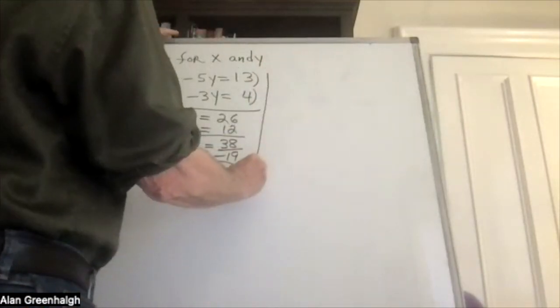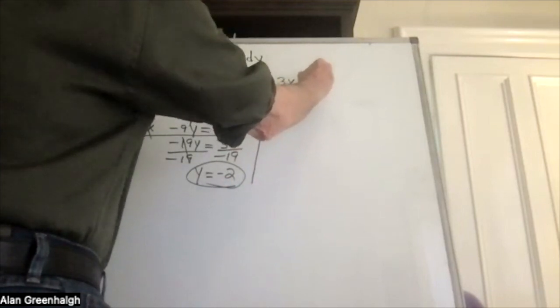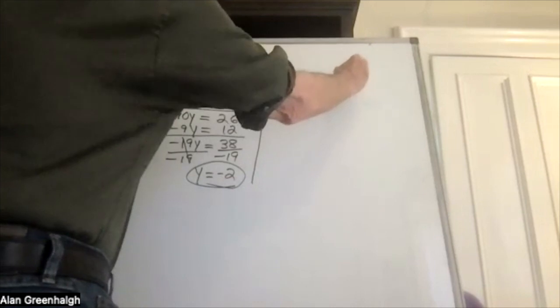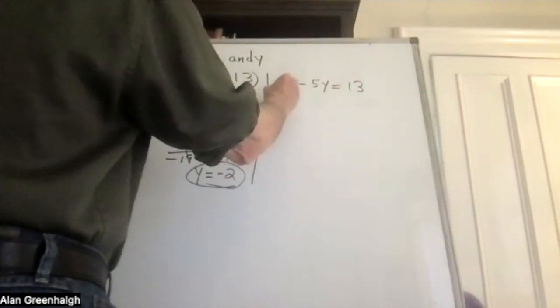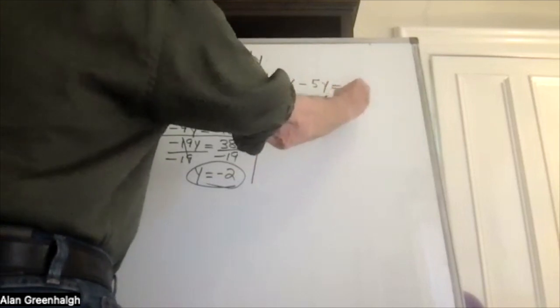So now what we would do is take one of the two equations, and I'm taking the top one and substituting -2 for y.